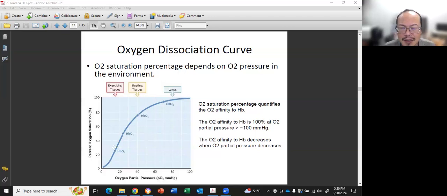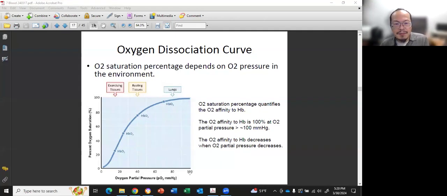So this is a curve. This curve gives you the idea of what the primary factor is that controls hemoglobin saturation percentage. The primary factor is oxygen partial pressure. So what regulates it?